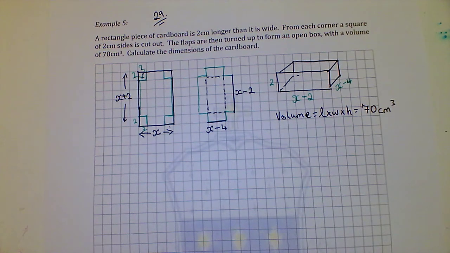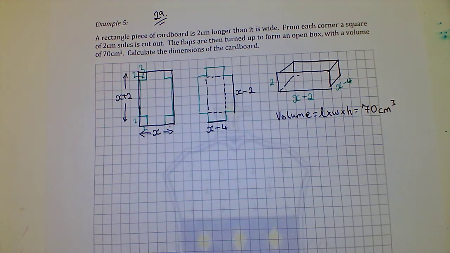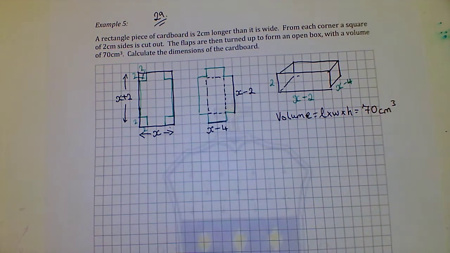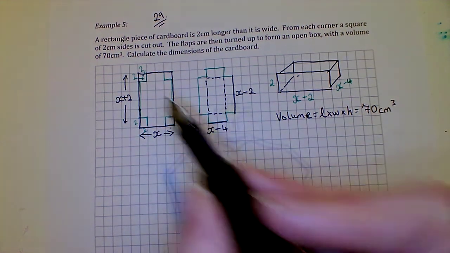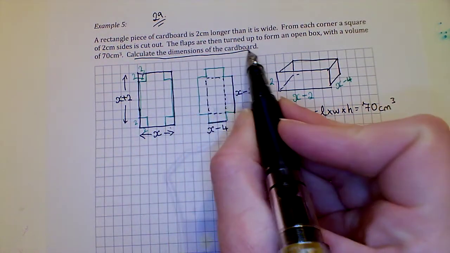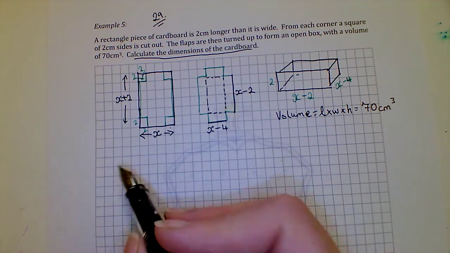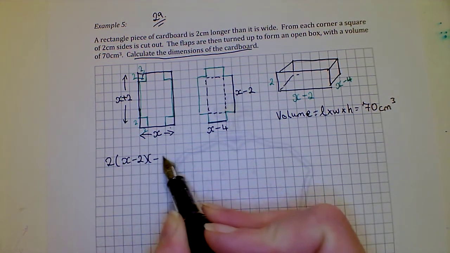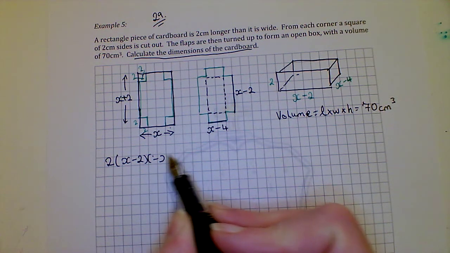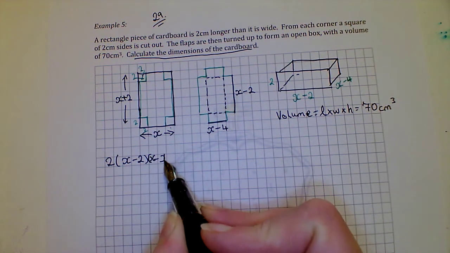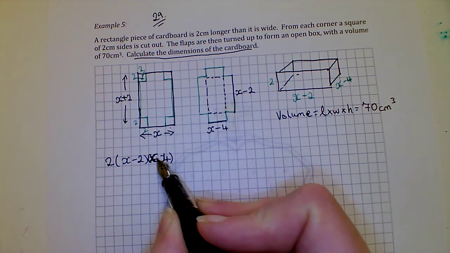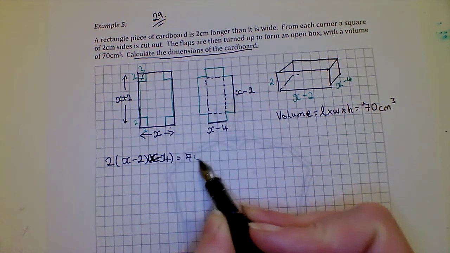Well, we know the length in terms of x, we know the width, and we know the height. So if we multiply these 3 together, set it equal to 70, we should be able to solve for x and then calculate the dimensions in numerical form. So 2 by x minus 2 by x minus 4 is equal to 70.